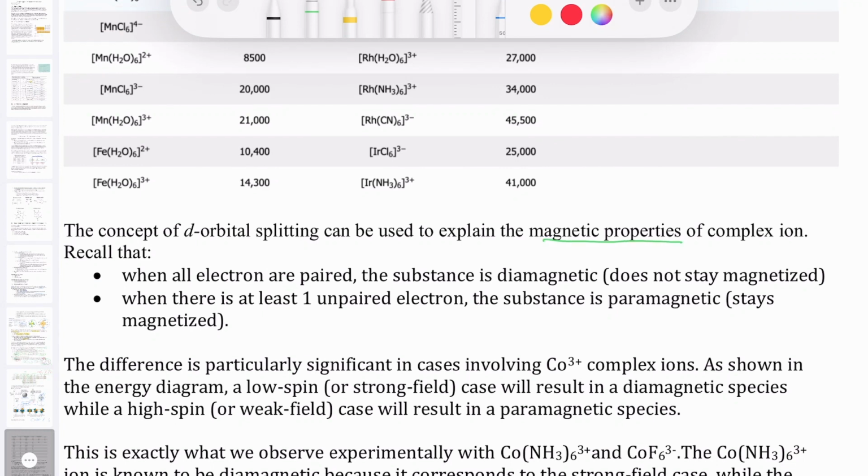What we had said at the time was that if all the electrons are paired in a particular substance, ion or atom, then that substance is what we refer to as diamagnetic, which just means that if we magnetize that substance, it wouldn't stay magnetized. If you want to simplify it, you can say that the substance is not magnetic.